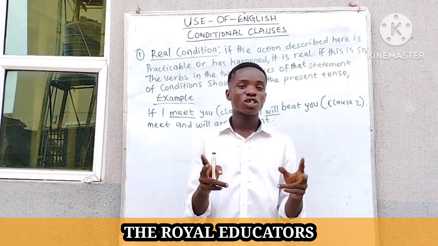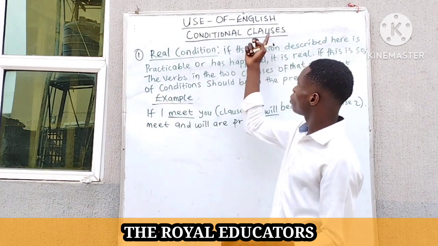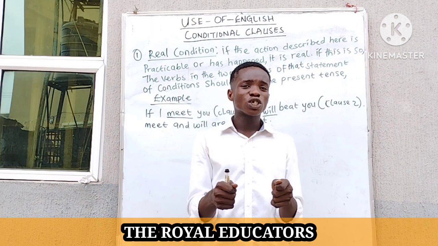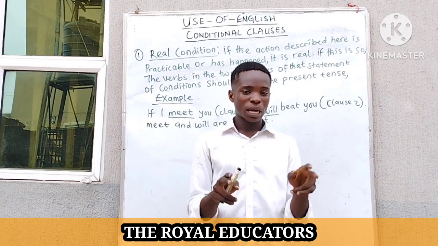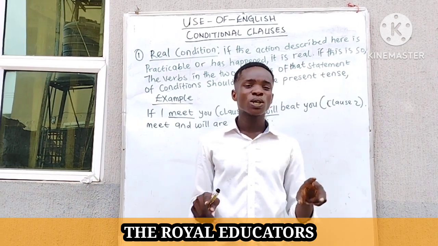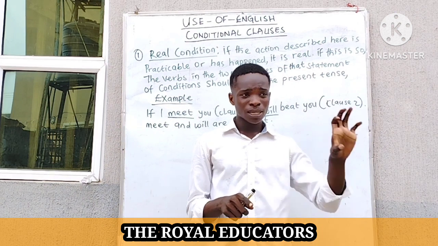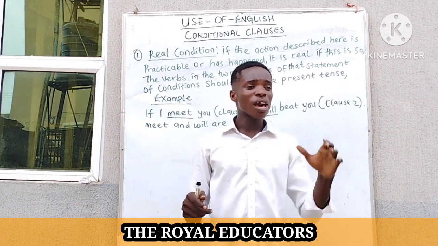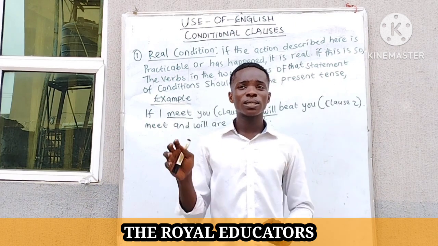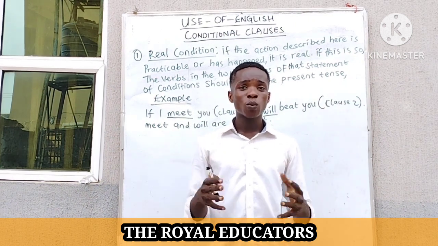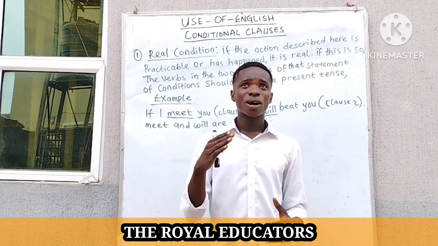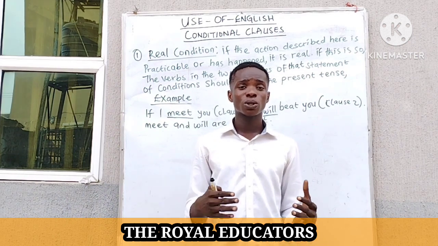Remember, if you are talking about conditional clauses, as in plural, we are talking about two clauses. So for the condition to be real, we need a present tense in the first clause and a present tense in the second clause. It means what is being described is likely to happen or can happen.